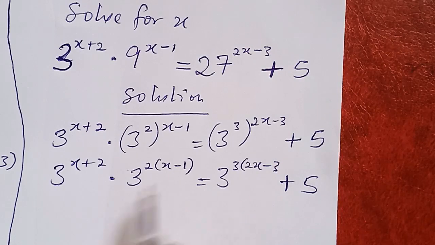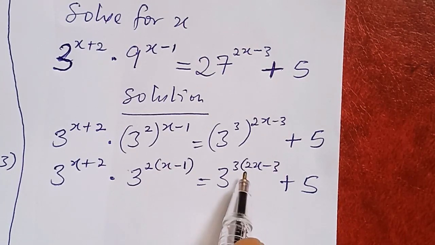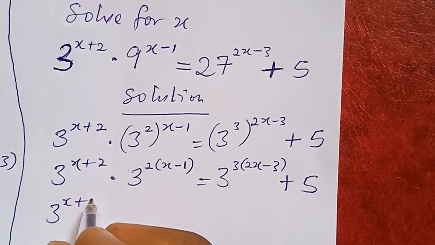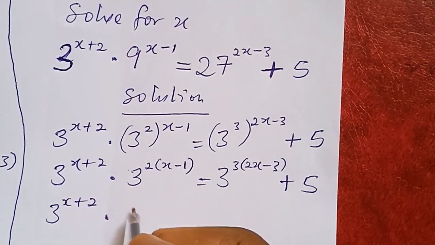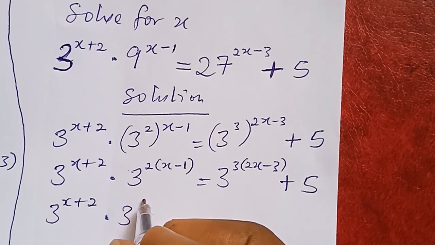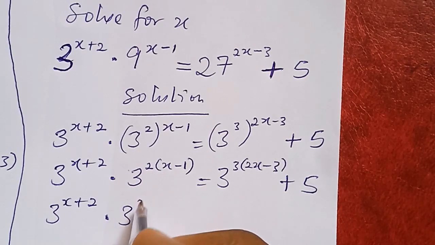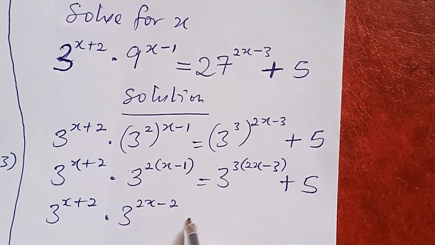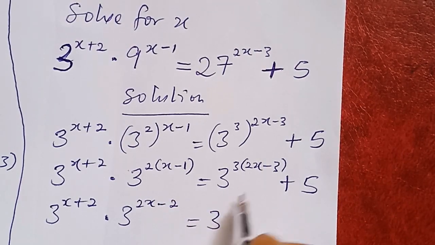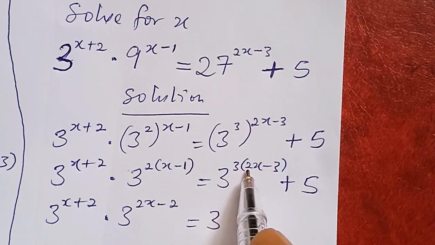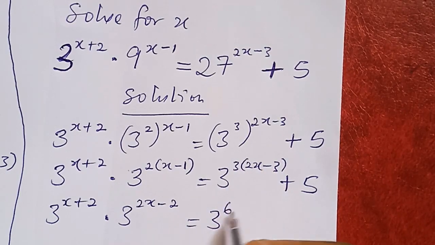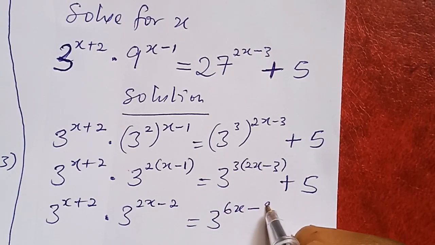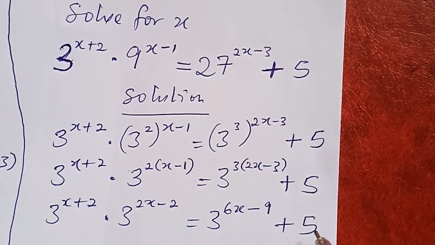Then from here we can expand this bracket and this bracket. So we have 3 raised to power x plus 2 multiplied by 3 raised to power 2x, 2 multiplied by minus 1 minus 2, equals 3 raised to power 3 multiplied by 2x, we have 6x. Then multiply by minus 3, we have minus 9 plus 5.